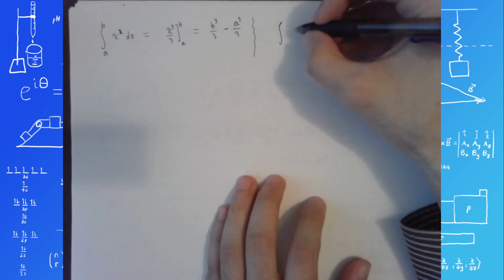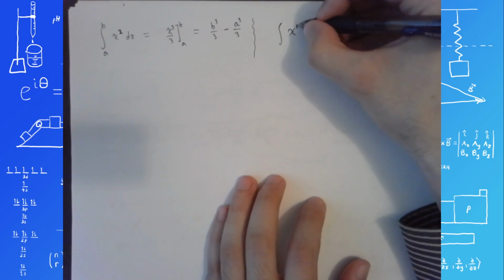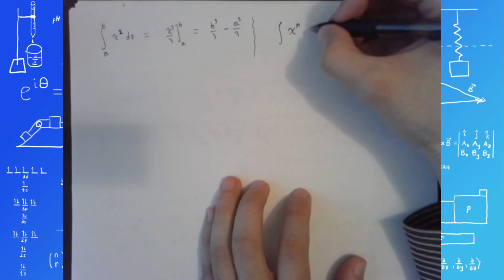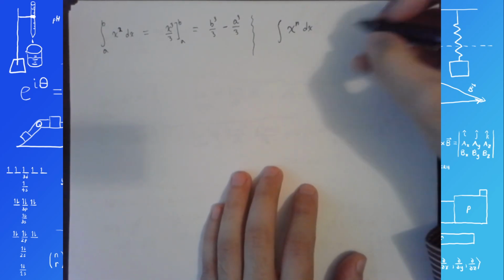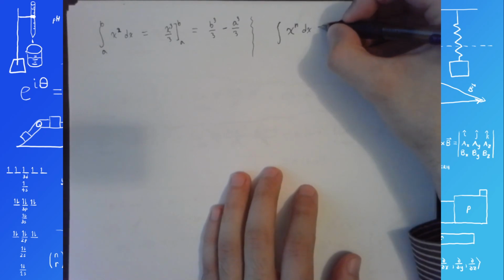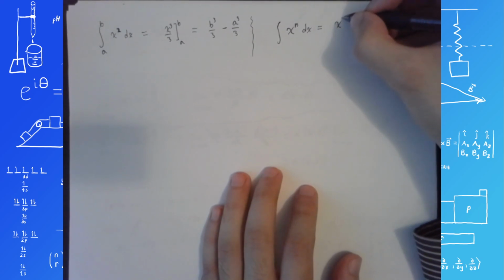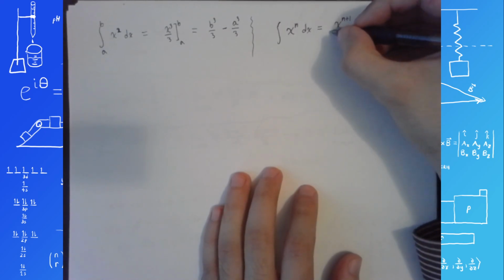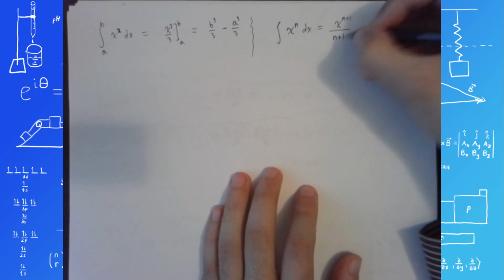I want to write the general formula for the integral of a polynomial, or at least a polynomial term. So if I have x to the n, if I'm taking the integral of x to the n with respect to x, then the formula for that is, as I described earlier, you increase the exponent by 1, and you then divide by that new exponent. So the new exponent is n plus 1, I divide by n plus 1.